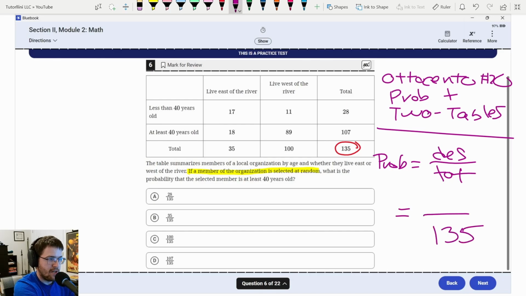And now for the desired, we want to find the probability the selected member is at least 40 years old. So that is here. And the amount of people that are at least 40 years old is 107. Everyone in this row is at least 40 years old, so there's 107. So the probability is 107 over 135, which is answer choice D.